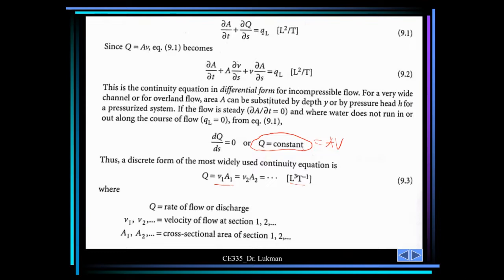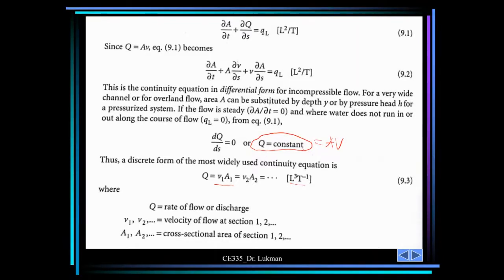For this to be maintained, as we are going to see, because this has far-reaching implications for all flows in channels or open channels, particularly hydraulic structures.